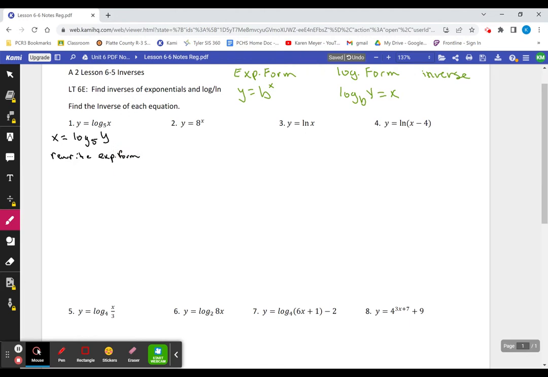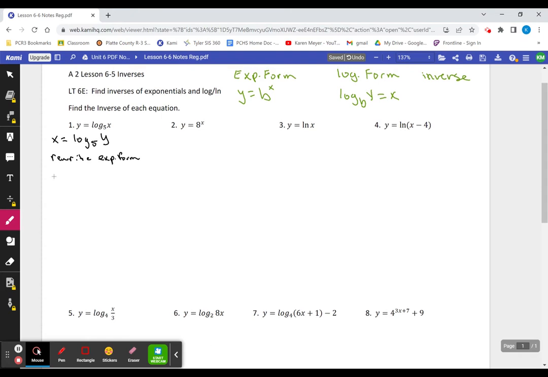Okay, so exponential form, y. Well, y is the part that comes after log, which happens to be my letter y, equals b, which is your base, and our base is the number 5, raised to the x, which is letter x.